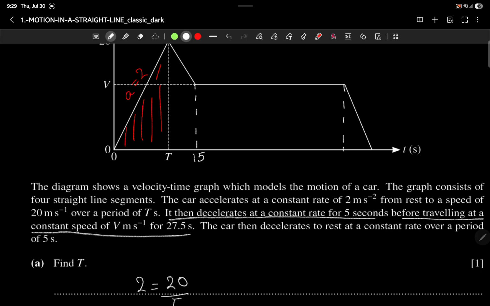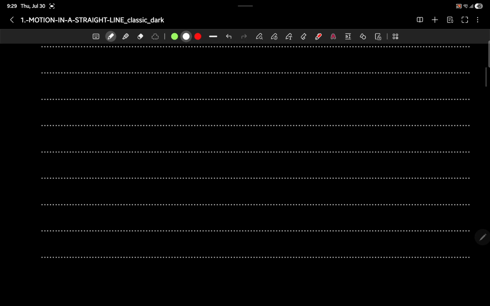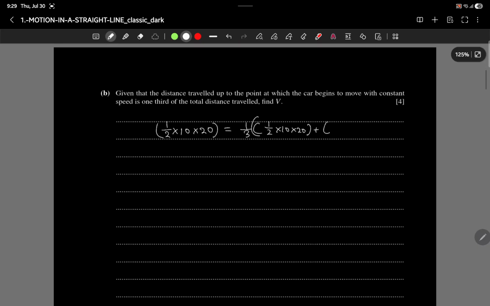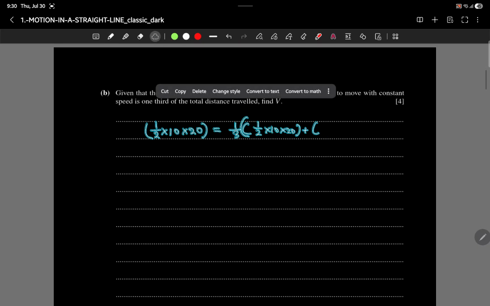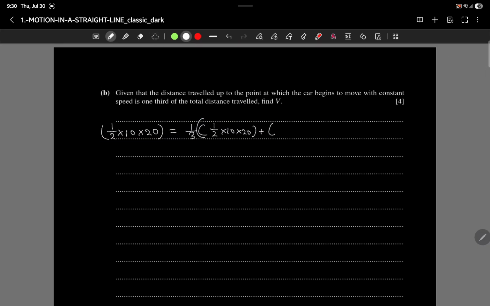That means this part is 42.5 seconds. This is a constant over a period of 5 seconds. That means this is 47.5 seconds. Okay, that's good. Great. We have now all the information we need. So let me just put this over here. It's going to be pretty long actually.